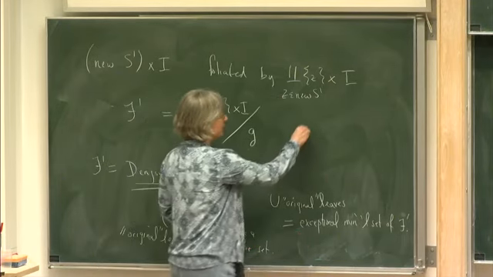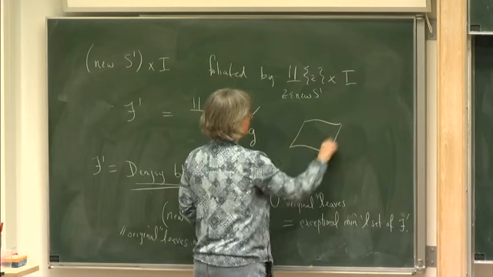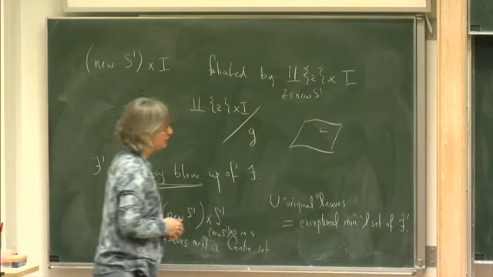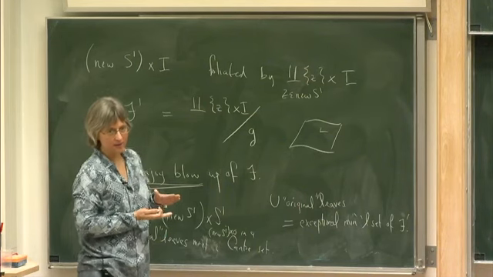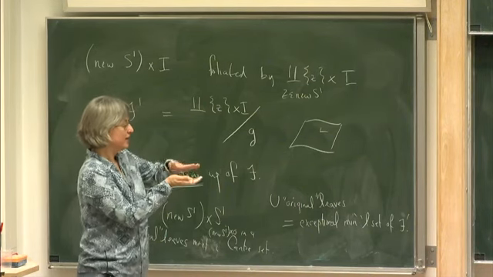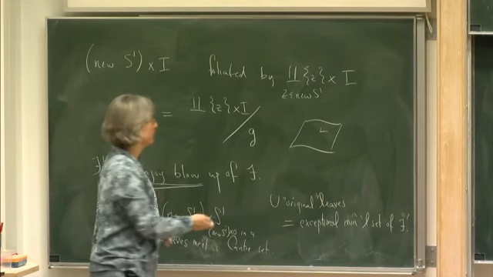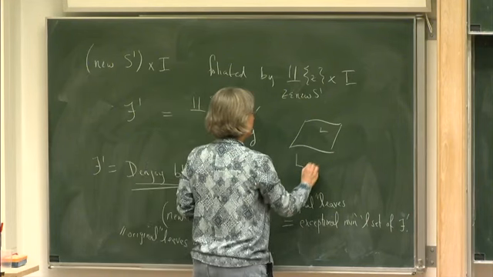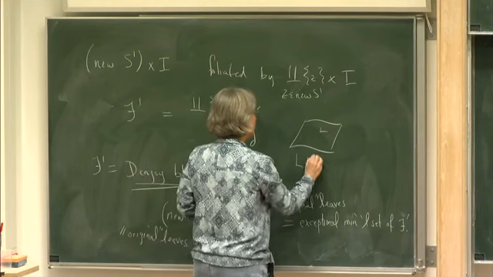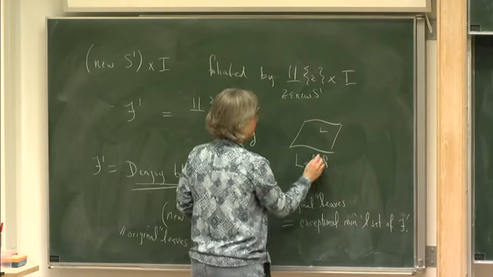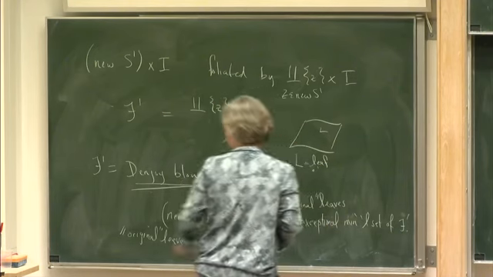And in general, if I have a leaf, a codimension 1 leaf in a 3-manifold, I can play the same game. I can think about taking that leaf and replacing the leaf by L cross I. So I can think about Denjoy's blow up. I have an L, a leaf of my foliation.